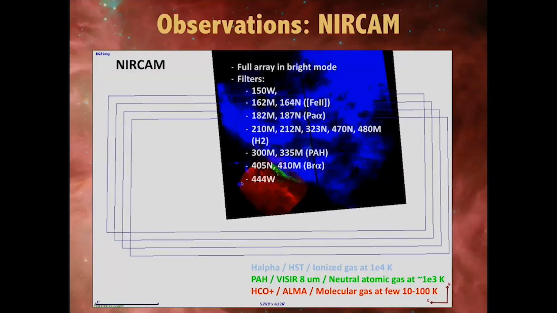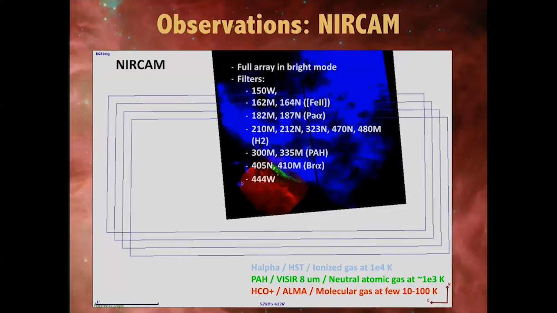So the NIRCam field of view is very big. So these 4 square boxes that you see, rectangular boxes, are the NIRCam field of view. And so they cover a much larger area than what we will do with the IFUs and the MIRI imaging. And we will do a range of filters, probing the ionized gas with Paschen alpha and Brackett alpha.